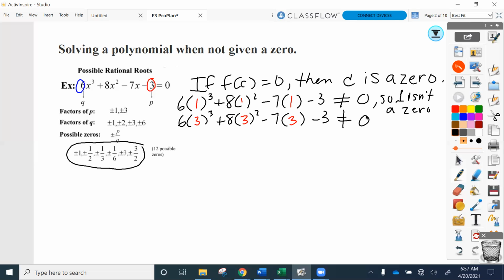So 3 isn't a zero. So you just keep trying numbers until you get one that when you put it into the original equation, you get a 0. This may take a while. So let's try, I don't know, -3.